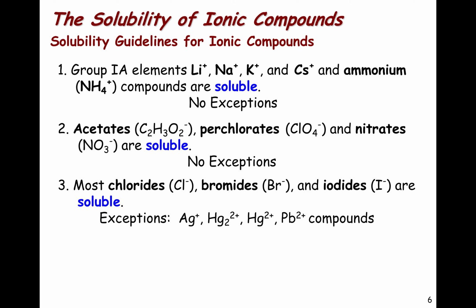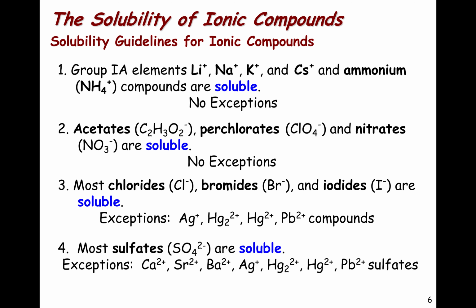If the anion in your formula happens to be one of these ions, probably that compound will be soluble. However, there are some important exceptions to this. If the cation is silver ion or mercury 1 ion or possibly mercury 2 ion and lead 2 plus ion, then we actually have an insoluble halide compound and they would potentially form precipitates.